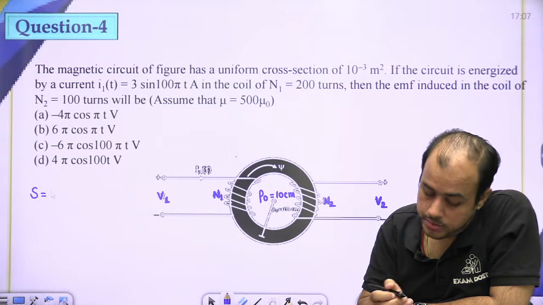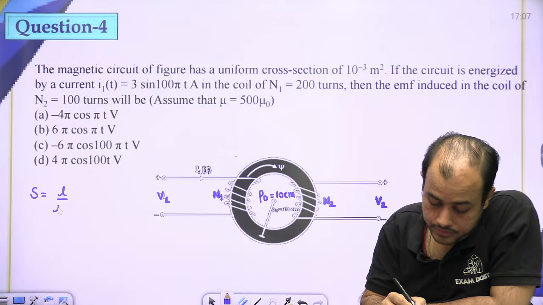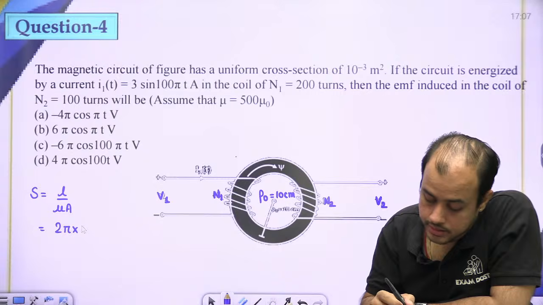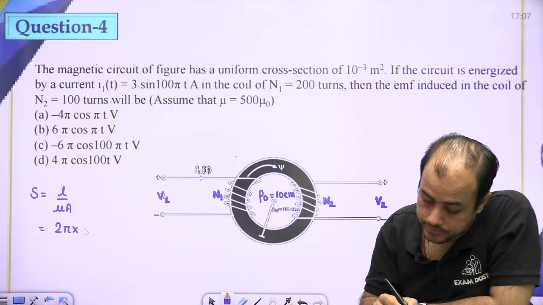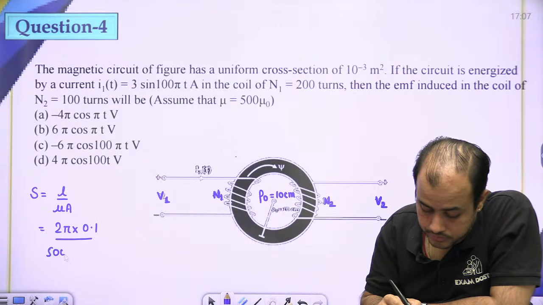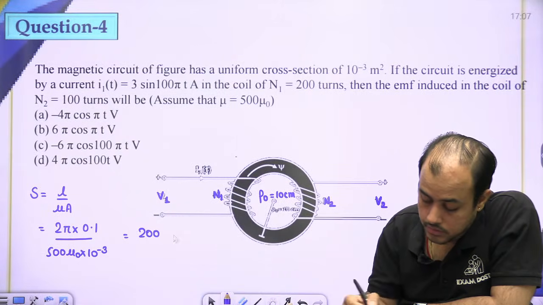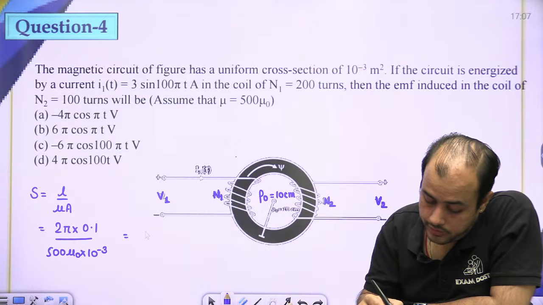देखो, इसको चाहो तो मशीन वाले फंडे से कर सकते हो, reluctance. Length is 2 pi into rho naught. Rho naught is 10 centimeter. 200 by 500.